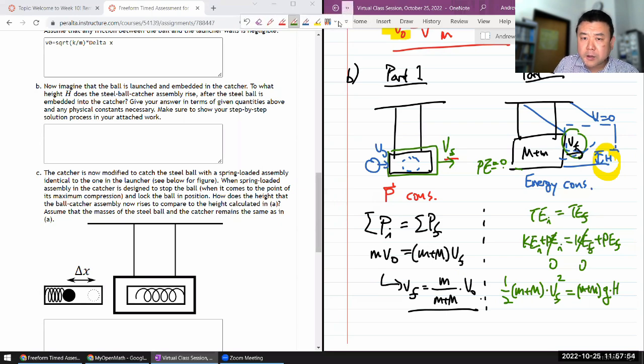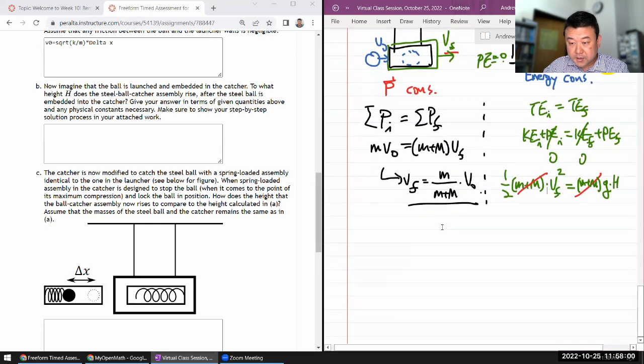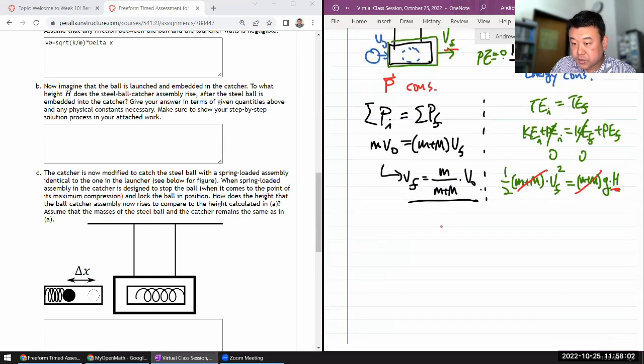Okay, let me do a couple of easy simplifications. Masses cancel. I have h here and I want to solve for that. I don't technically know v final, but I can work it out from here. So, having done all that in my head, h is equal to 1 over 2g times the mass squared.